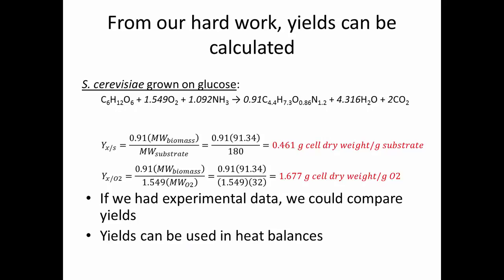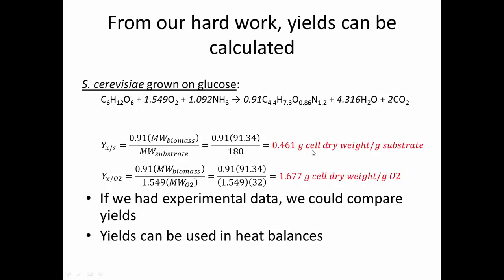So then with all this stuff, having done all these balances and made these coefficients, we can then calculate some yields, or at least some theoretical yields anyway. So we can determine our yield of biomass per substrate as 0.91, and if we want to do molar yields, well, we don't need to go any further. 0.91 is it.